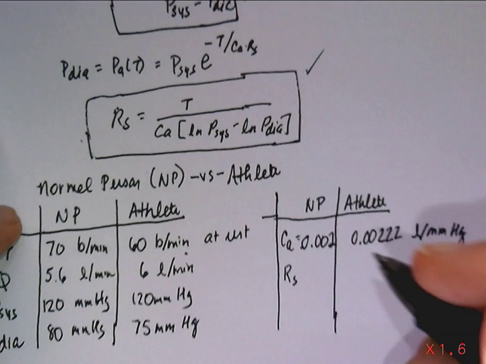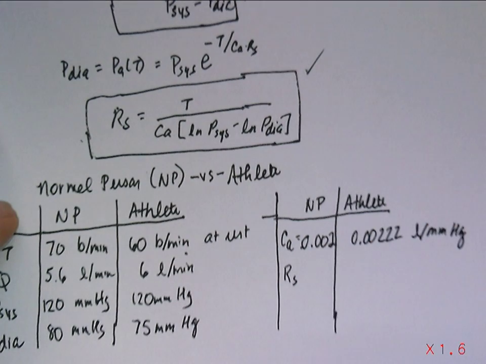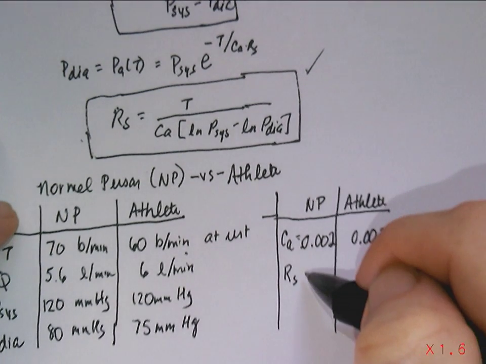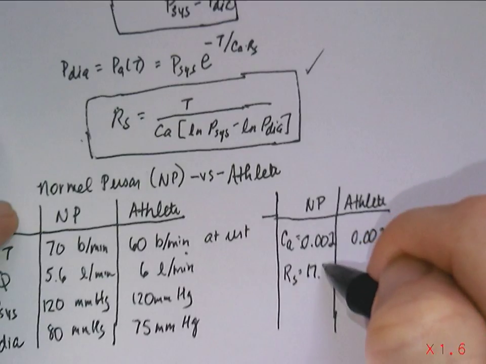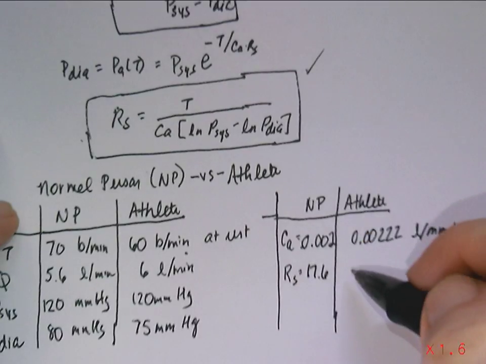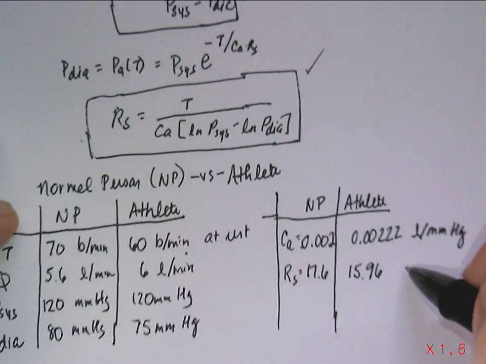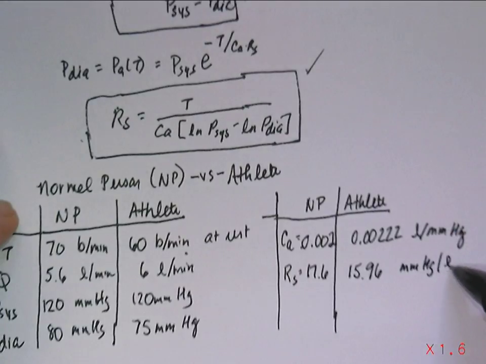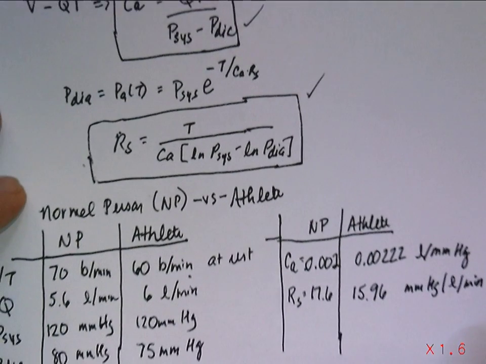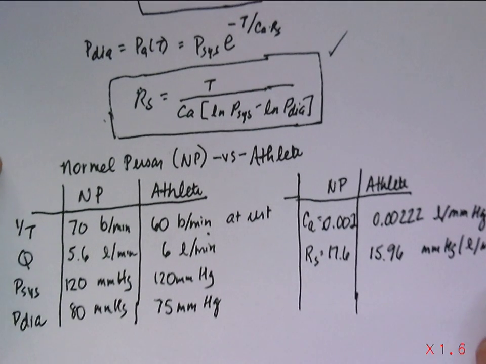Turns out the bigger difference is here in the resistance. Remember, the resistance is the ability of the blood to flow. For a normal person, about 17.6. Athlete, lower, 15.96. And this would be millimeters mercury per liter per minute. So an athlete will typically have a much lower blood resistance.